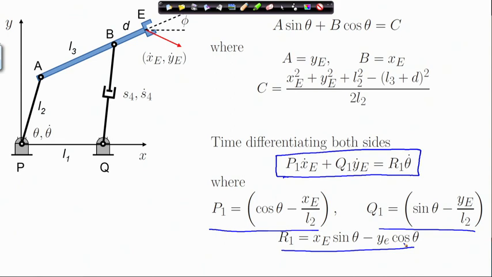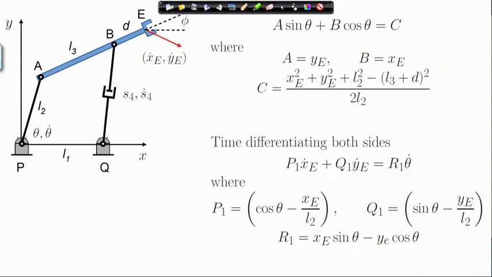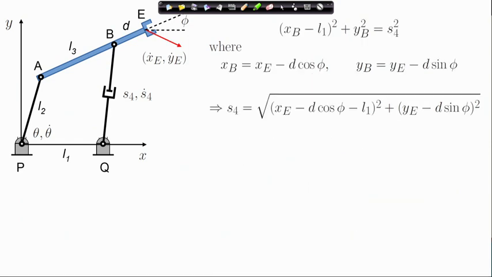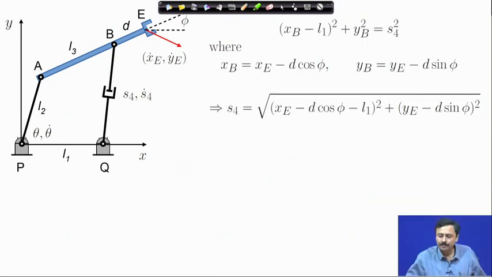So, let us move on. Here I have one relation. Next I must bring in S4 dot.